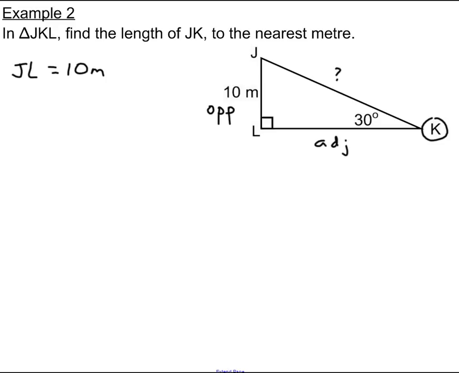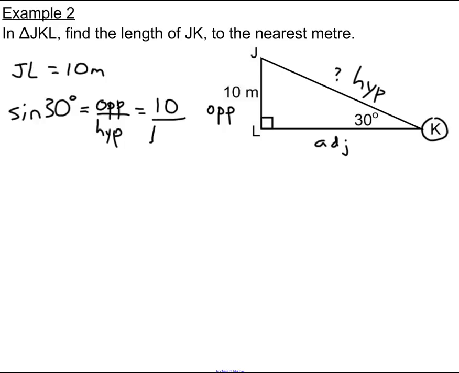So in this case, because the unknown side is the hypotenuse, we're going to use the sine, which is an operation done on an angle. And in this case, that operation always yields a ratio, which for sine is opposite over hypotenuse, and that would be 10 all over JK.